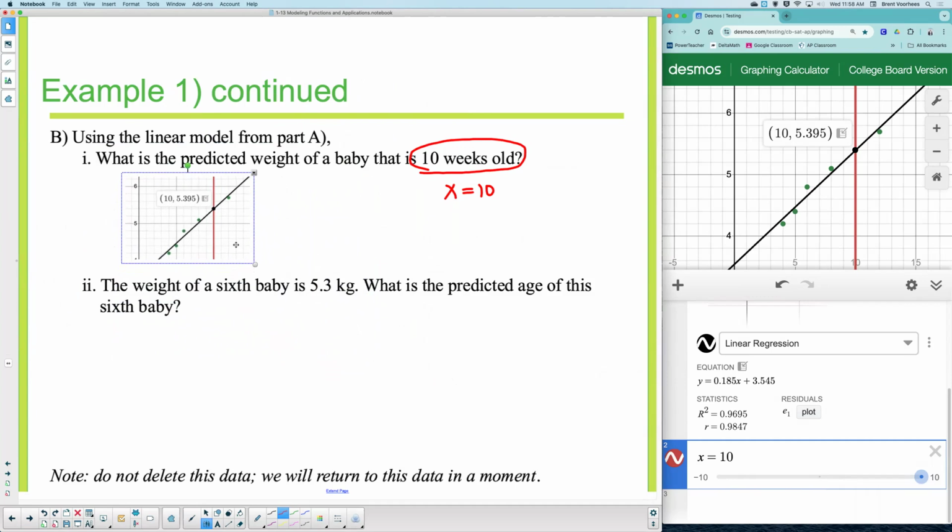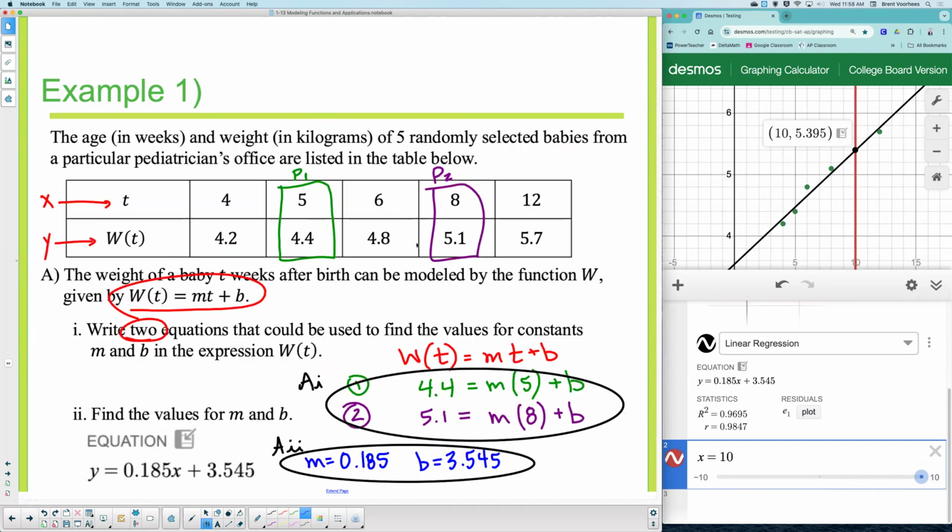So it says, what is the predicted weight of a baby that is 10 weeks old? Well, what do y'all think the predicted weight would be? Y'all catching on quick. It's going to be 5.395. The weight, which is a W value, I'm going to write it this way. W of 10, we would guess, is going to equal 5.395. And this is in what units?